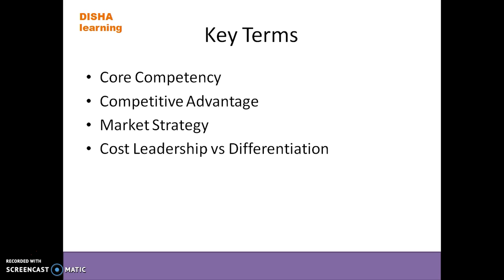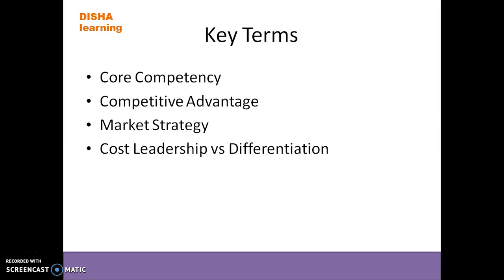Core competency is basically that key skill or quality that your organization has that others find hard to match up to. For Apple, it is innovation and quality. For different companies, it's different things. Core competency allows you to gain a competitive advantage. That is, you can remain a step ahead of your competition by utilizing your specific core competency.